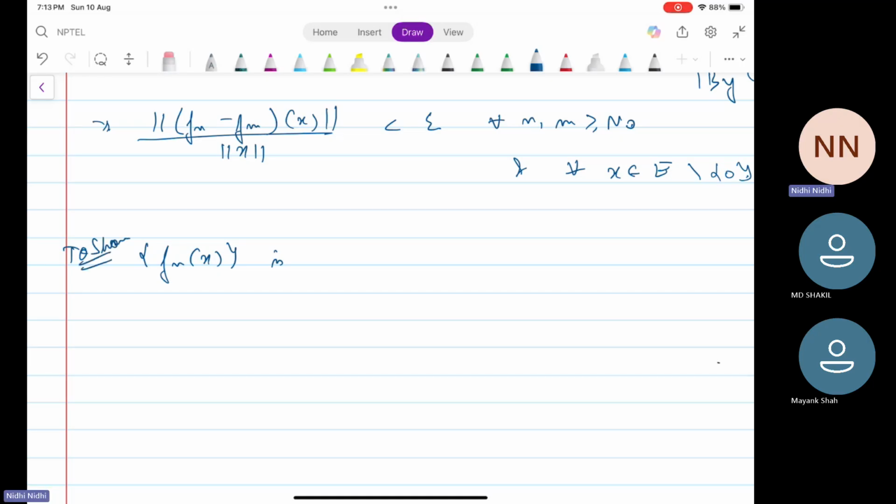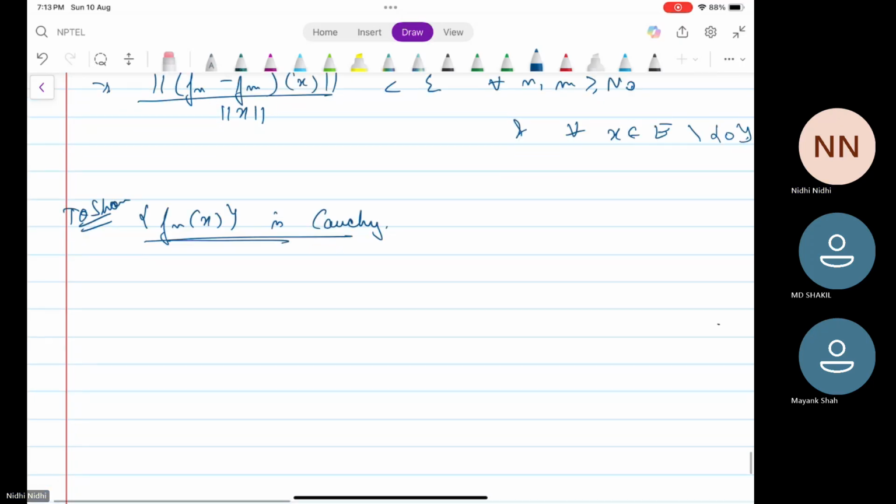And then use the fact that since Fn x is a sequence in F, which is a Banach space, Cauchy will imply convergent. This is happening for every x in E.